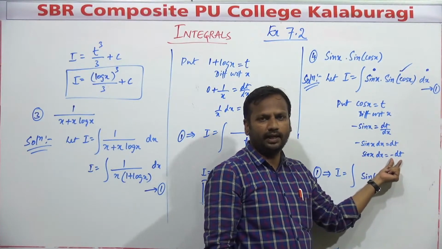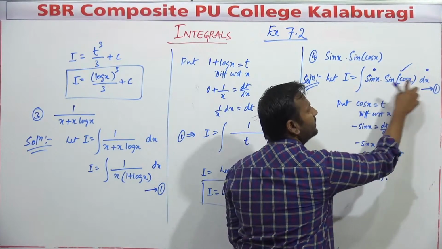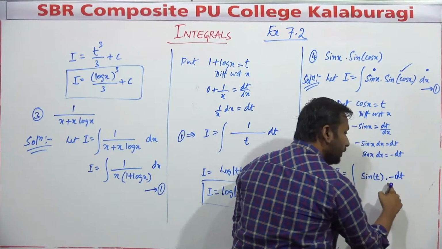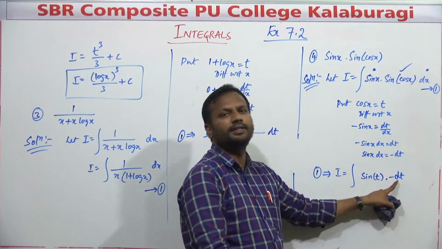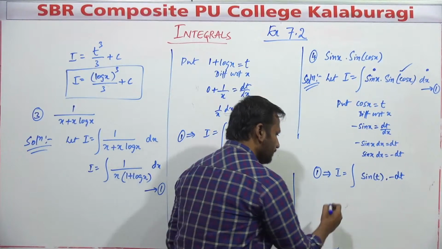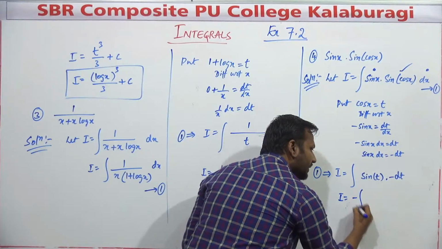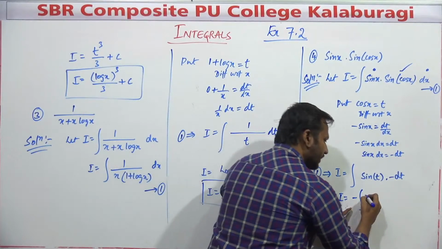Minus dt, automatically. So sin x dx I should replace as minus dt. It's an into, right, not minus dt. Into minus dt. Take the minus sign outside the integral.